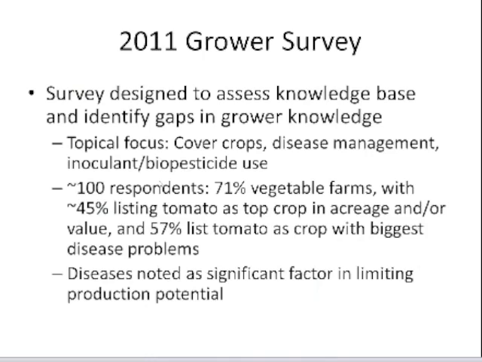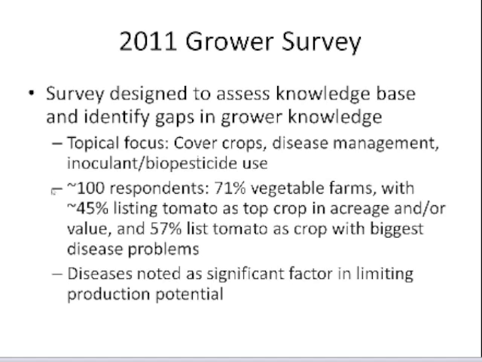And from that mental model, we developed a survey, designed to assess the knowledge base and identify gaps in grower knowledge so that we could fill those gaps either with new experiments that addressed those previously unidentified concerns or by providing appropriate educational materials. The topical focus, as I mentioned, was cover crops and disease management, but also inoculant and biopesticide use.